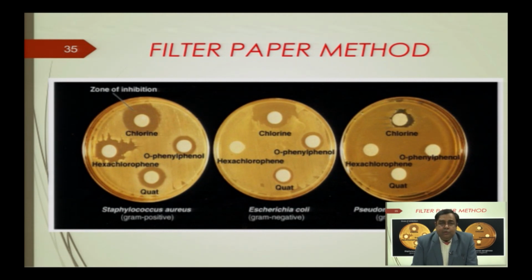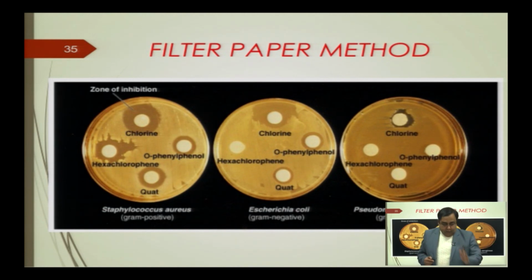Another thing which needs to be noted by all of us: say, for example, a particular drug is active at a particular concentration against a particular microorganism, but the same microorganism may be resistant to another chemical belonging to that same category at that particular concentration.